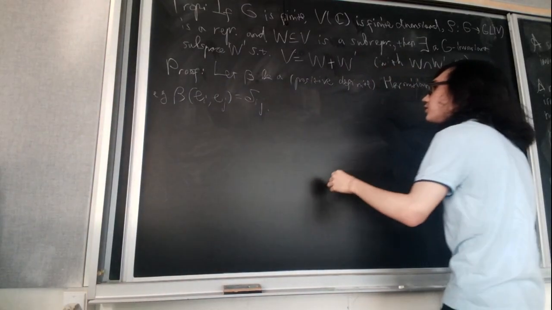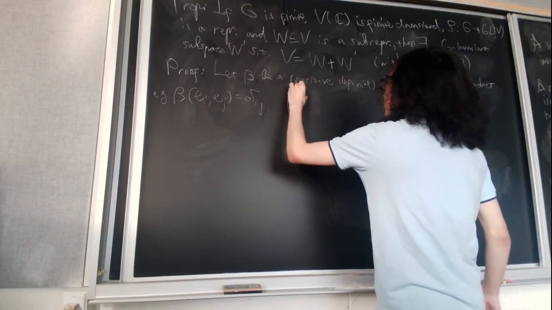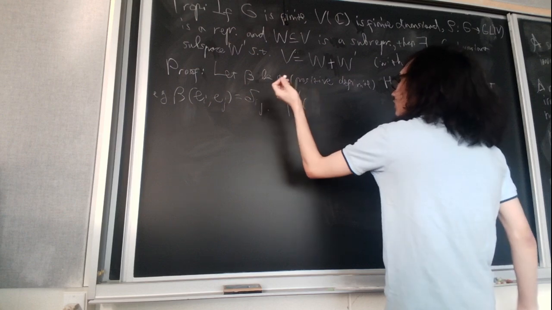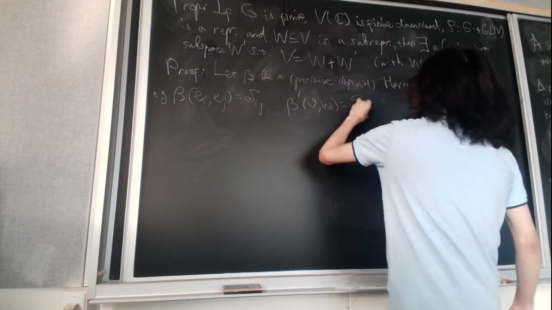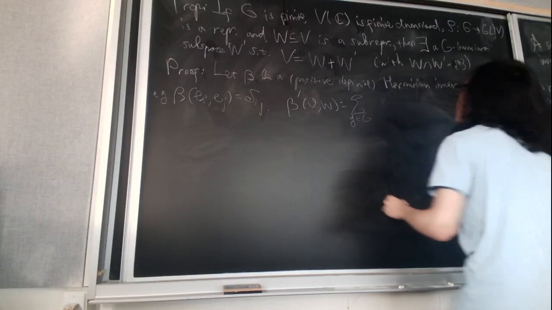Now what we do is we define a second Hermitian inner product, beta prime, of v comma w by just averaging over all the elements of G. We can do this because G is finite.